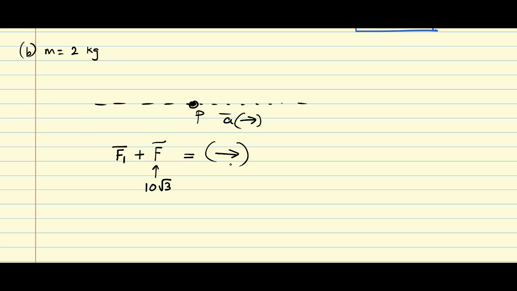Now let me draw F1 bar first of all. F1 bar is the original force in part A, so we know it's 10 newtons, and we know that this angle is 60 degrees. Now to this, if we add another force F bar, then the resultant is definitely towards the right.